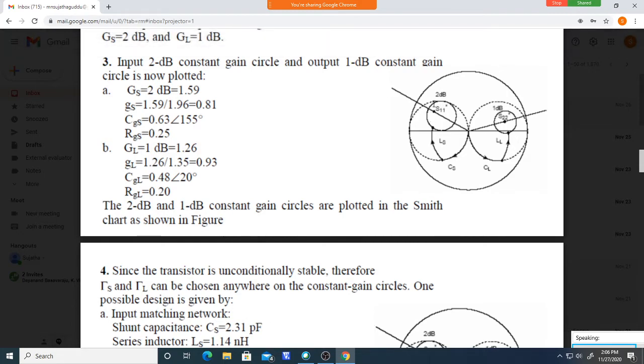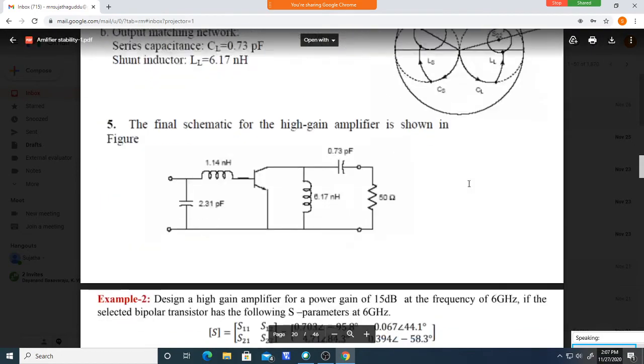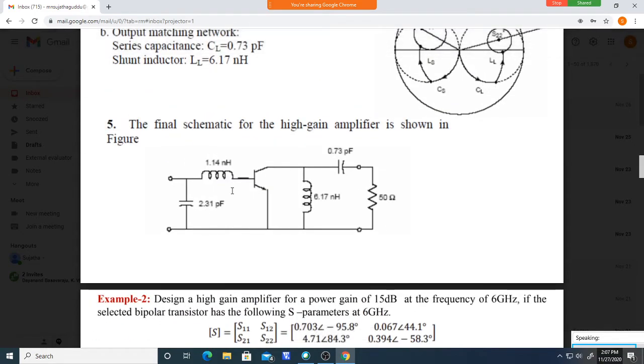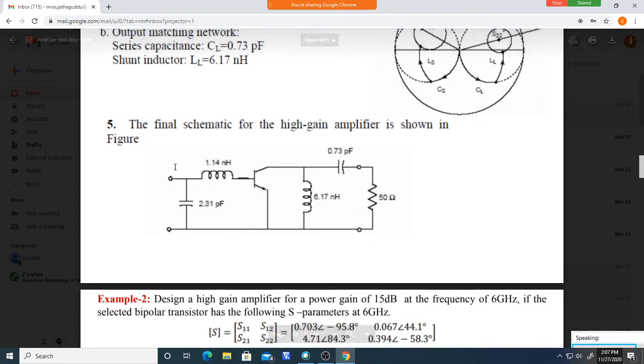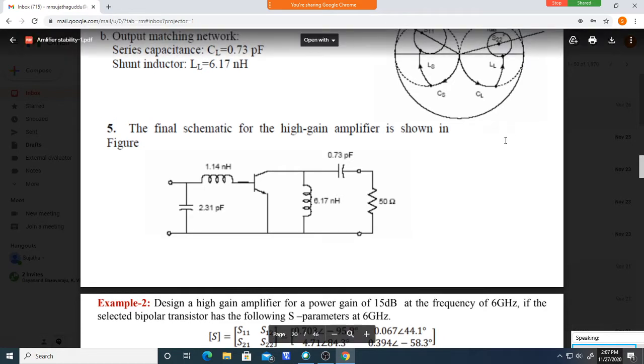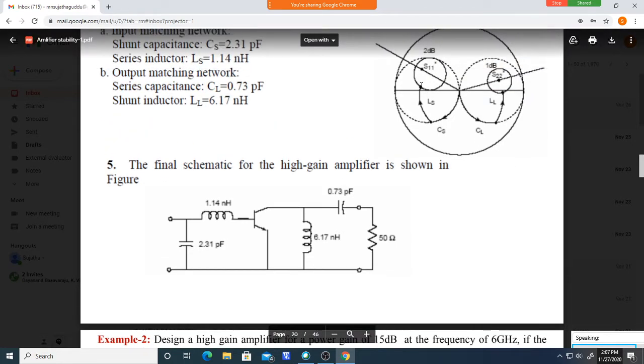So we have to draw this, and we got a ZS value. This is the ZS value taken to get 2 dB, and we have to design the input matching network. The input matching network and output matching network are like this. This is the input matching network, and this is the output matching network. For the input matching network, this is the impedance we have chosen.